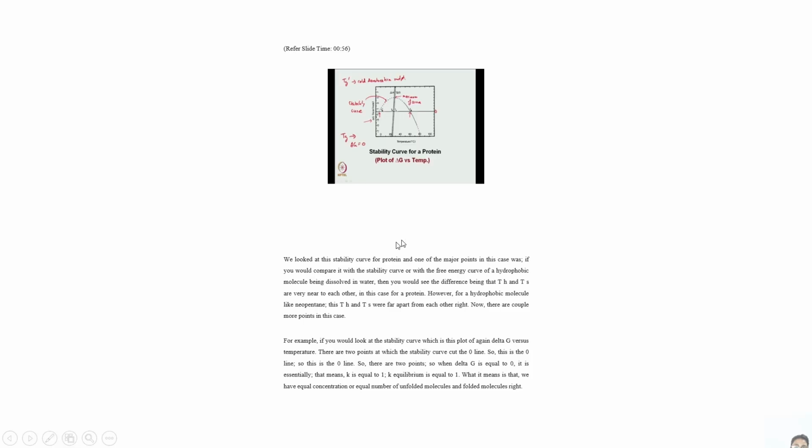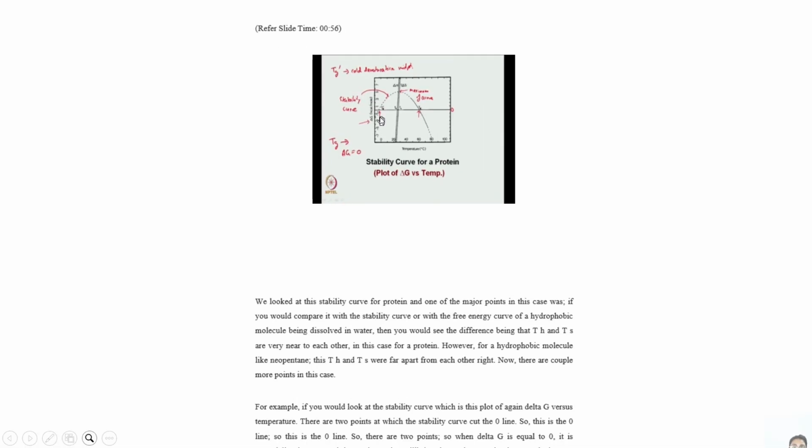So you see, its stability curve for a protein, one of the major points in this case was, if you compare it with the free energy curve of a hydrophobic molecule being dissolved in water, then you will see the difference, being that TH and TS are very near to each other. What are TH and TS?